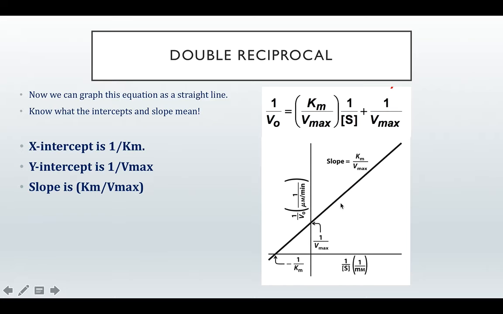This is really good because Dr. McKenna could show you this kind of graph and ask you to find one of these variables, or do some kind of manipulation of the equations. If you have this graph and you know how to read it, then you're good to go, because even though this looks scary and has lots of fractions, all it is is the double reciprocal version of the equation. We just manipulated it so we can use it and graph it better.